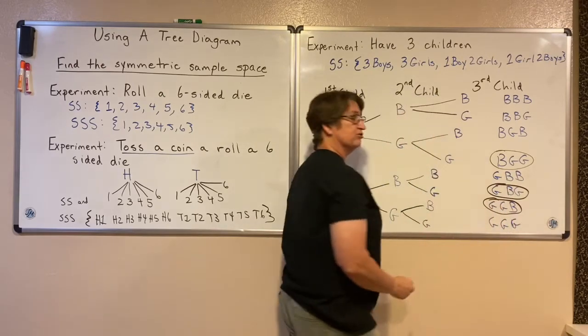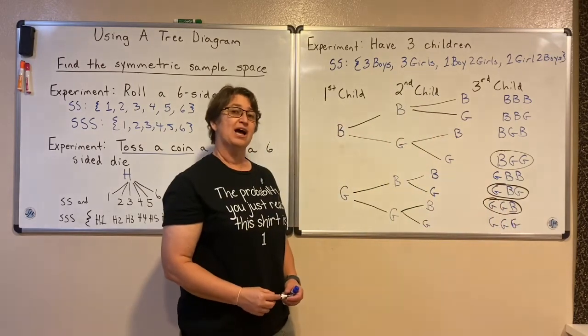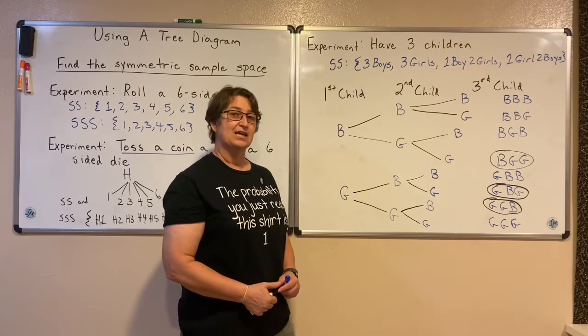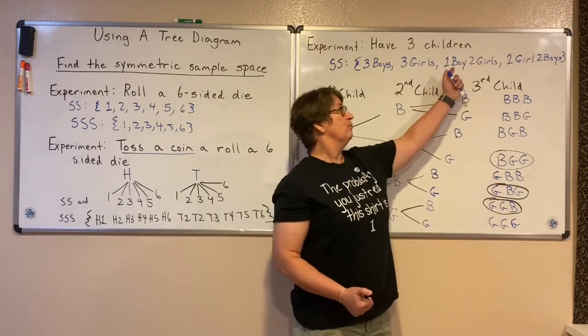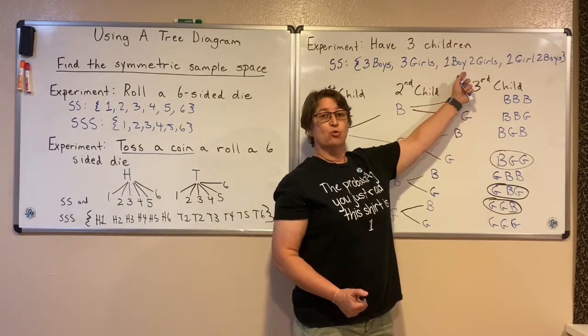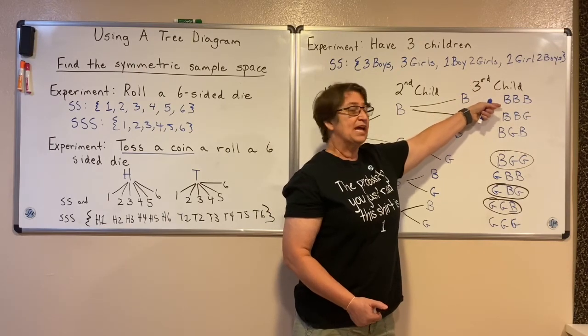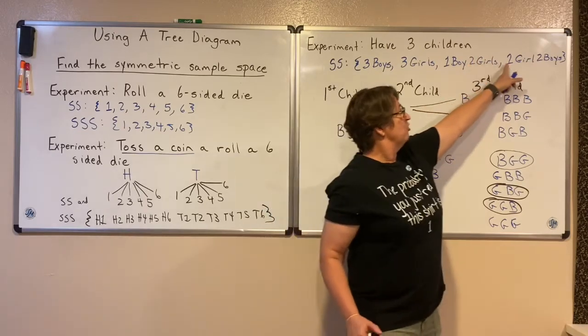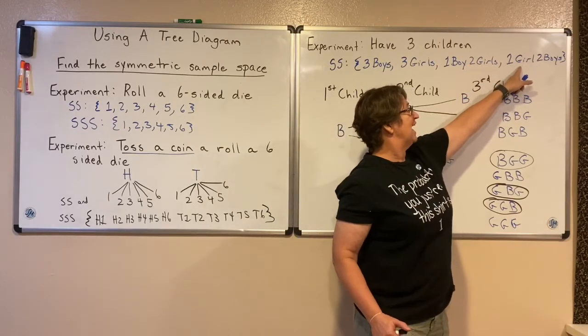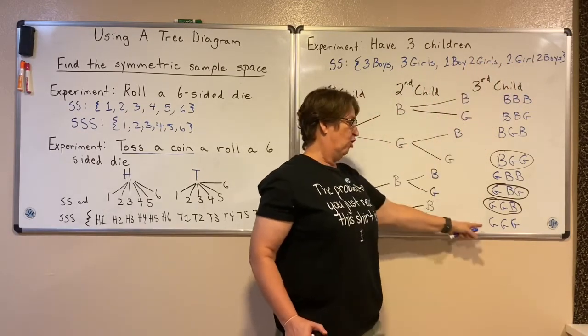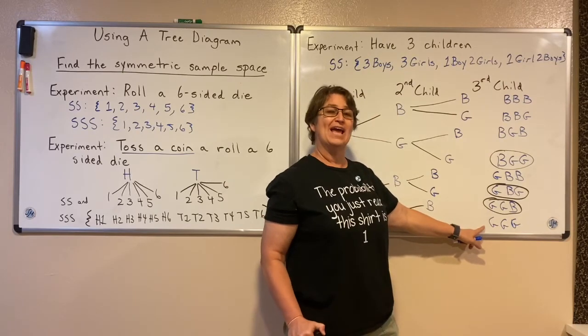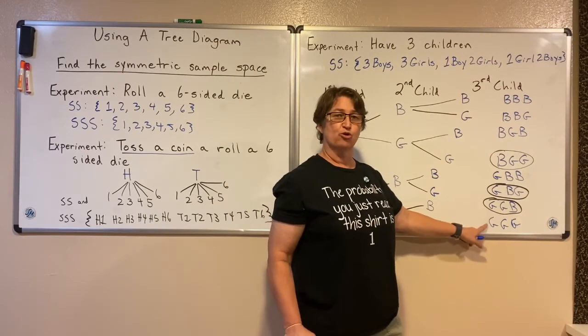Notice that turns up actually 3 different times. So it's more likely that I end up with 1 boy and 2 girls. That's more likely than for me to have 3 boys. It's more likely that I'm going to have 1 girl and 2 boys. That's more likely than me having all 3 girls, because there's only one way for me to have 3 girls.